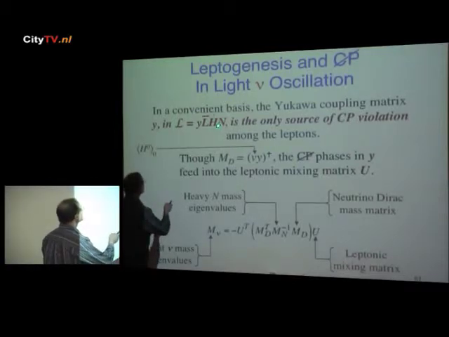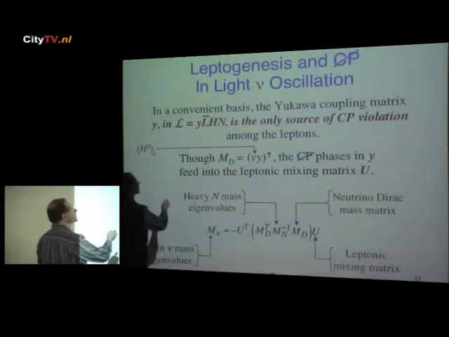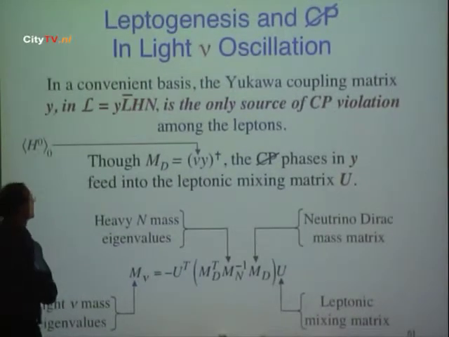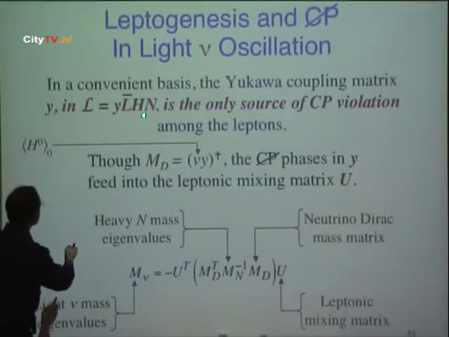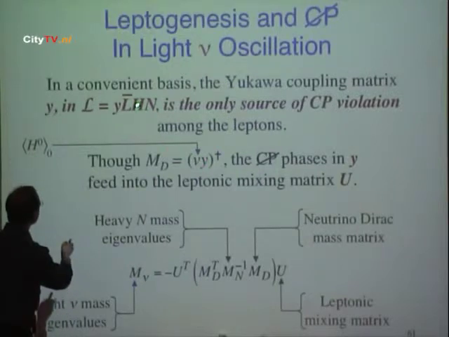Once that happens, the neutral Higgs field here, I haven't written out the neutral and the charged pieces separately, develops a vacuum expectation value. It's about 175 GeV, and hence you get a term in here which is Y multiplied by that VEV, which I call v.